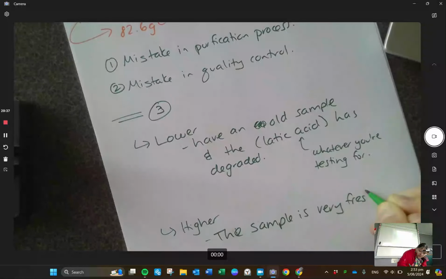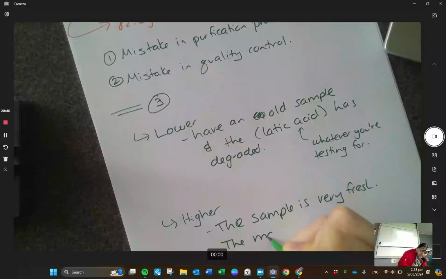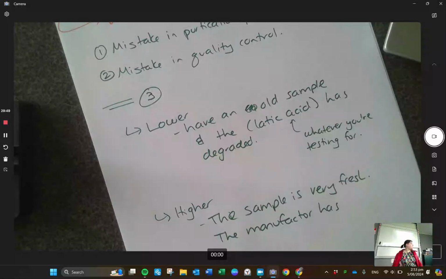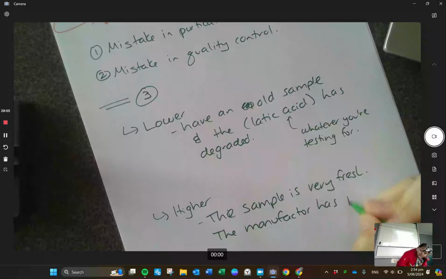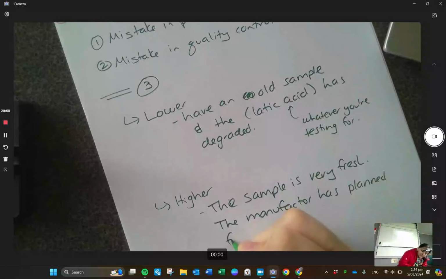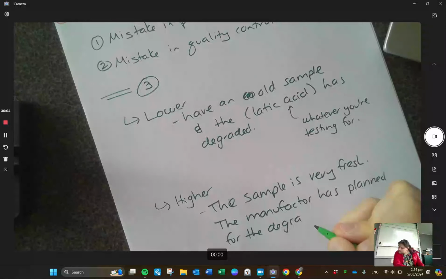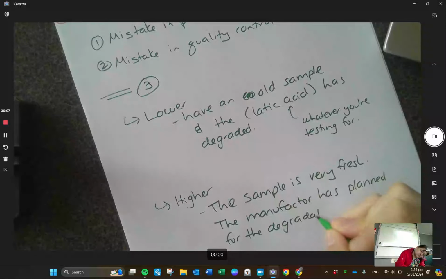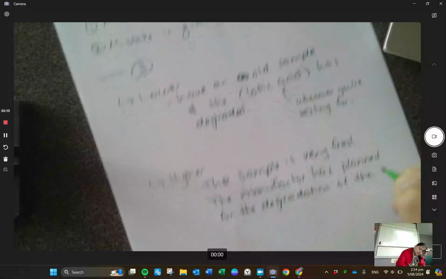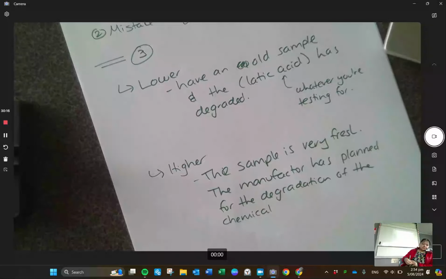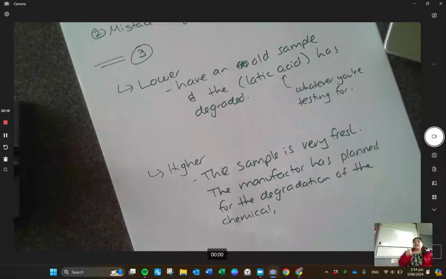The sample is very fresh. The manufacturer has planned for the degradation of the chemical, so it's made it at a higher concentration.